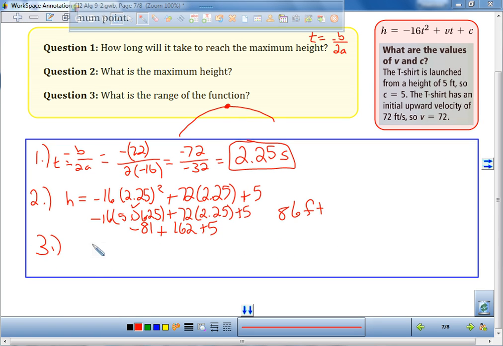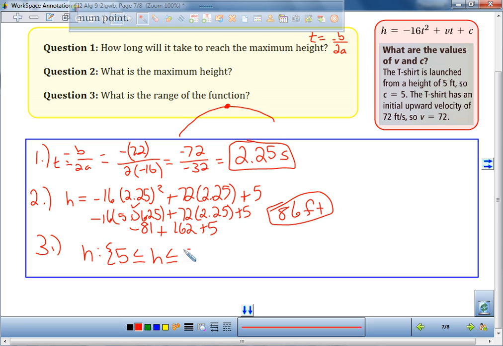Okay, so I have 5 is less than or equal to our height, which is less than or equal to, what was the maximum height? Well, we found the maximum height for question 2, and that was 86 feet.